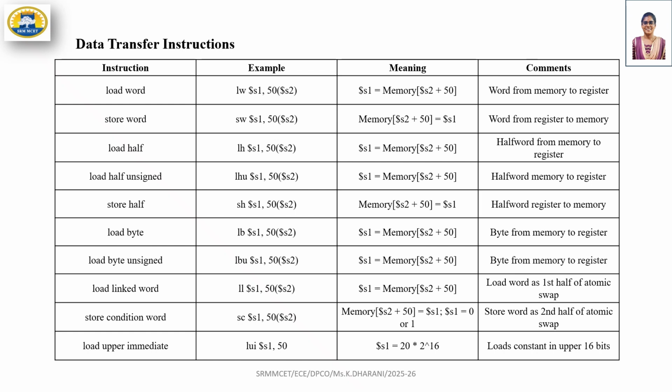Then load linked word is represented as the first half of an atomic swap. Next, store conditional word is the second half of an atomic swap. Then we see load upper immediate, which loads a constant into the upper 16 bits.